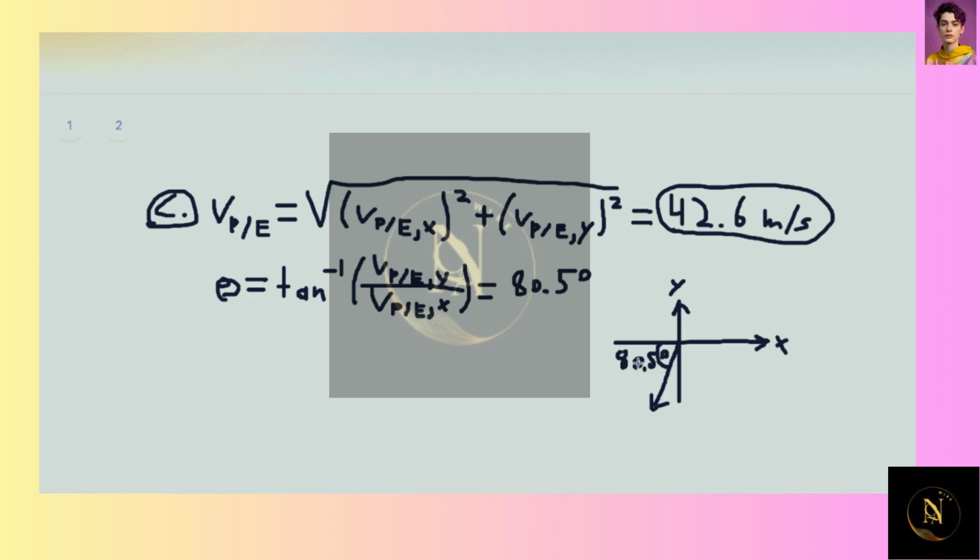So we could say that the direction is going to be 80.5 degrees relative to the west here, because the negative x-axis is going to be west.